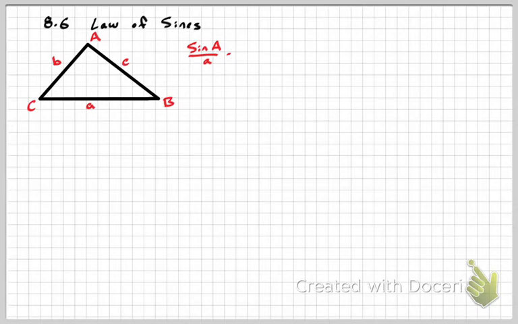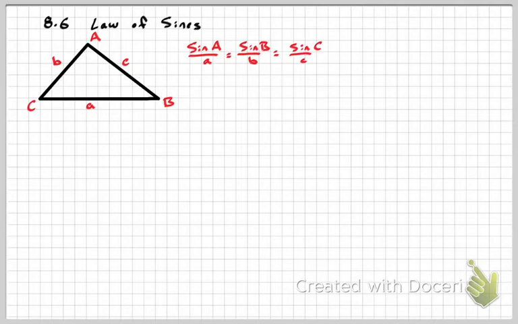The law of sines is actually pretty easy: the ratio sine of A over a is going to be equal to every other ratio like it, meaning every ratio that is the angle over the side length. So the sine of B over b, the sine of C over c.